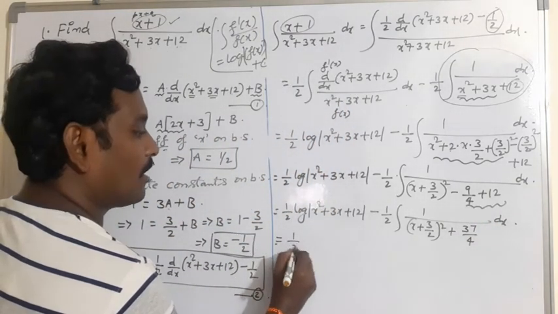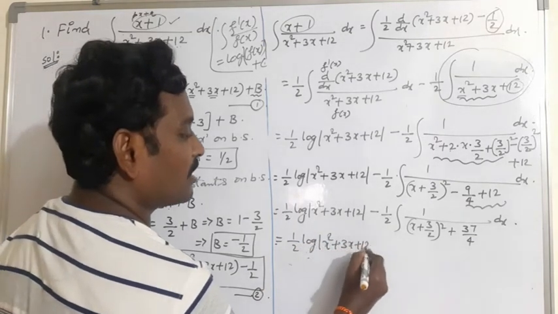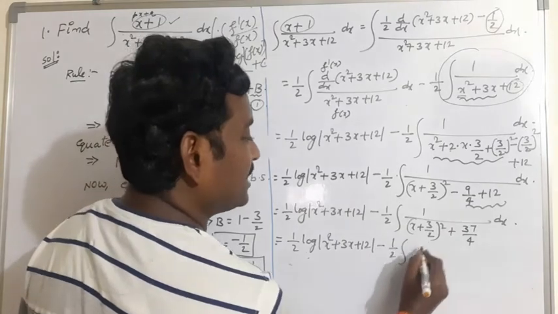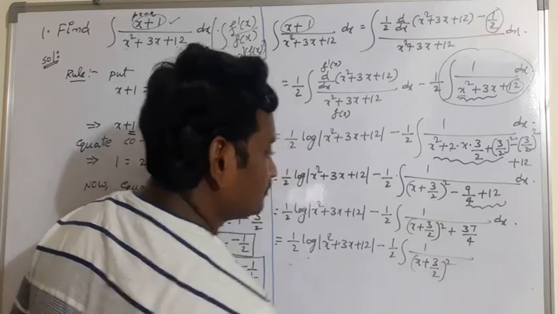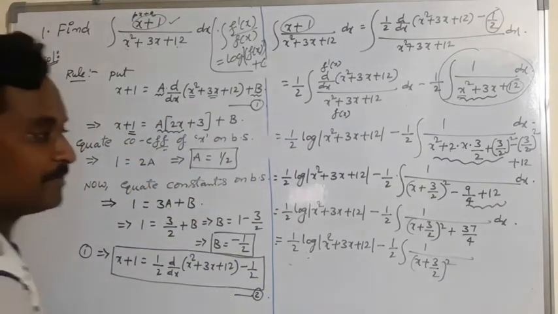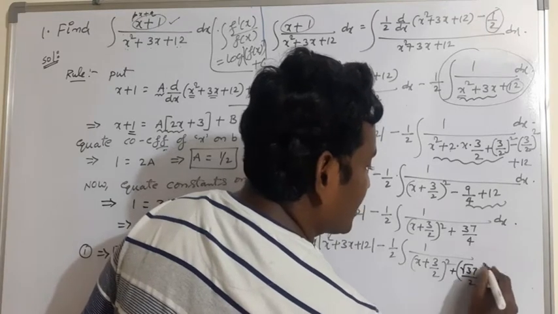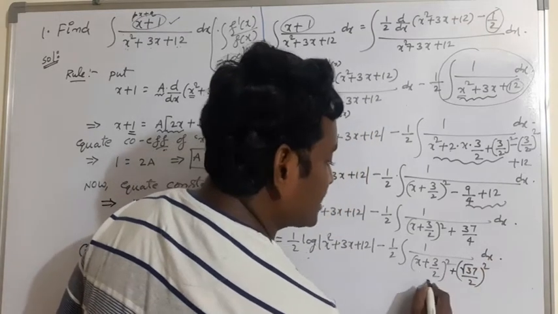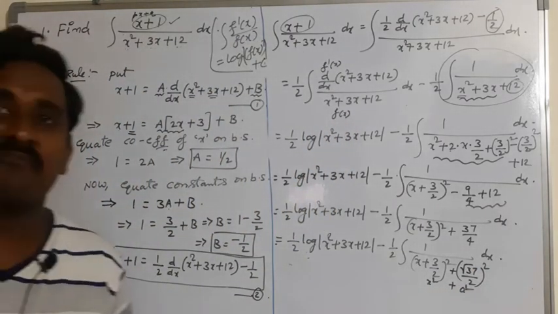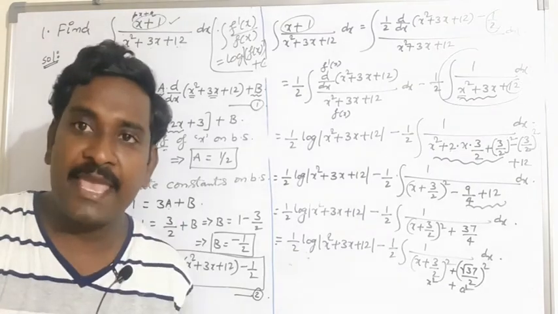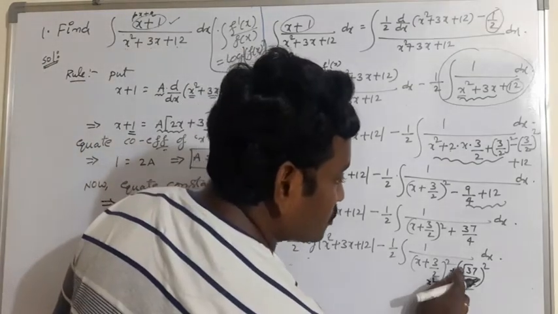So that is equal to half into log mod x square plus 3x plus 12 minus half into the integration of x plus 3 by 2 whole square plus 37 by 4, which can be written as root 37 by 2 whole square. Now it is in the form of the integration of 1 by x square plus a square. What is the formula for the integration of 1 by x square plus a square? 1 by a tan inverse of x by a. According to that formula, the a value is root 37 by 2.